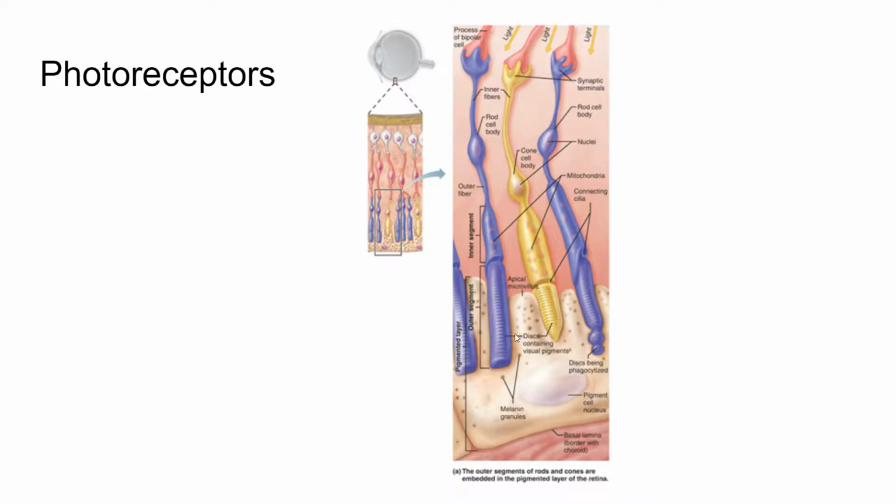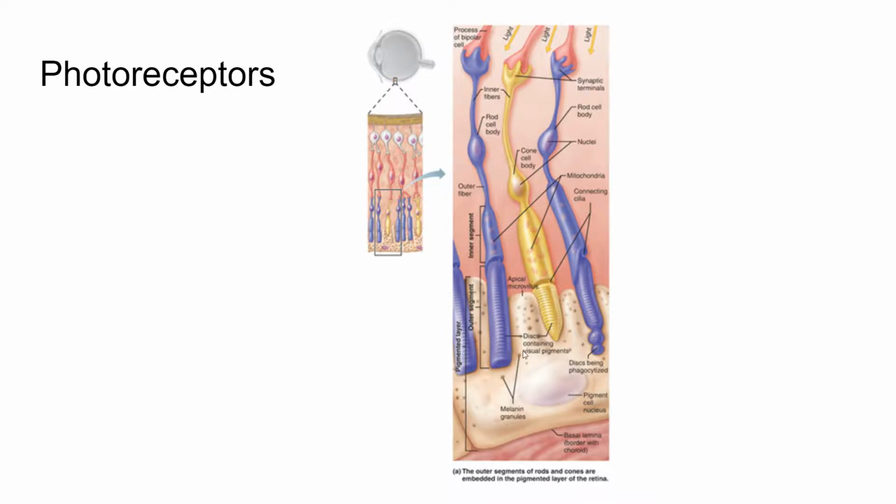And on these tips, there are these discs, and you can see these pigment discs. As they absorb light, those little discs change shape. Vision is maintained because these outer segments, these outer tips, are constantly being renewed.